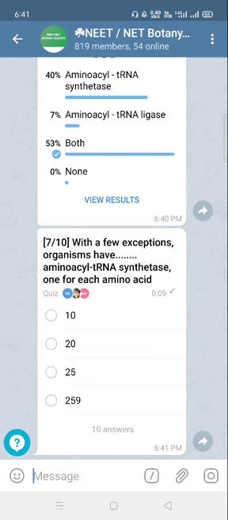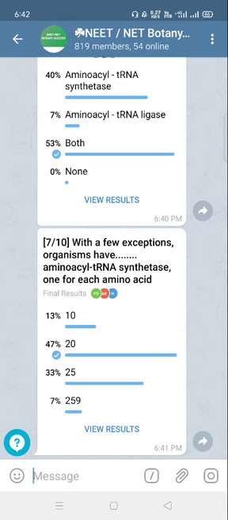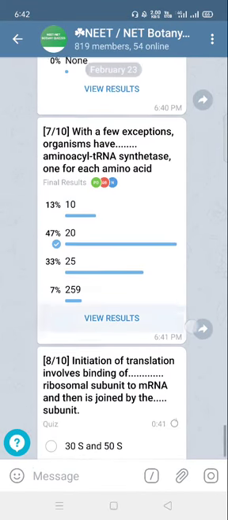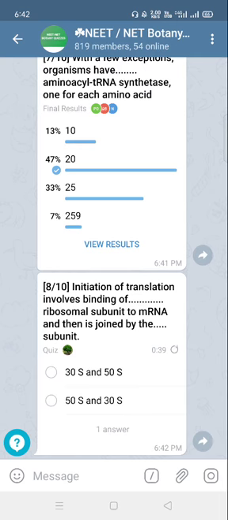It is option B actually. That is why I am saying that I am not mistaken. It is 20, one for each amino acid. I am sorry. The correct answer is 20.